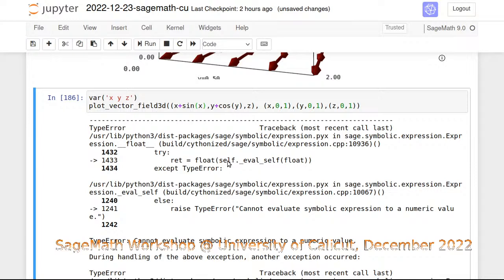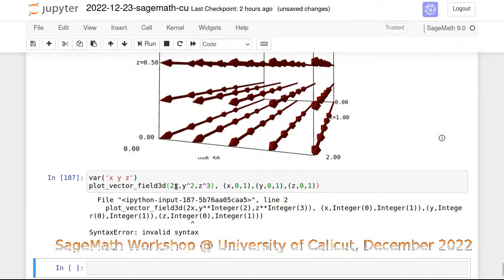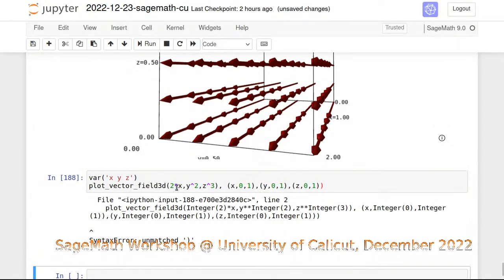Okay, then let me use an example, 2 star x, y square, z cube. I'm just randomly trying with something.